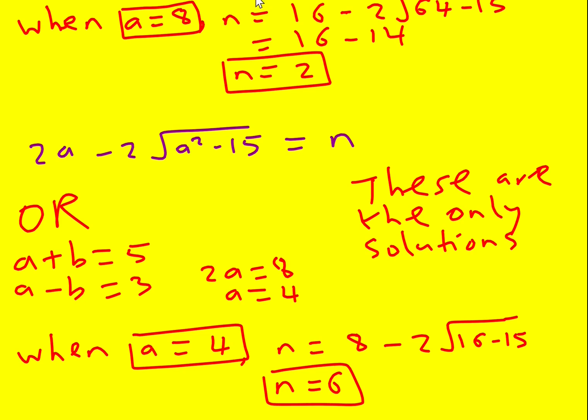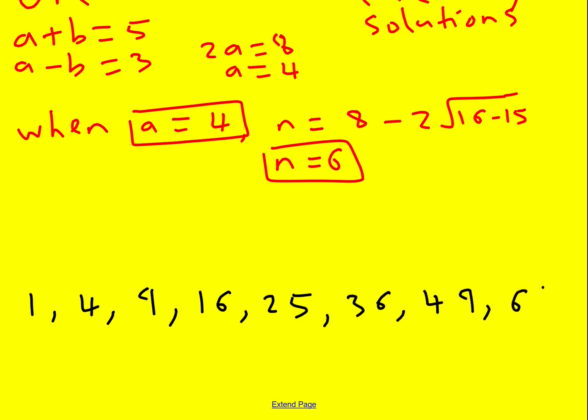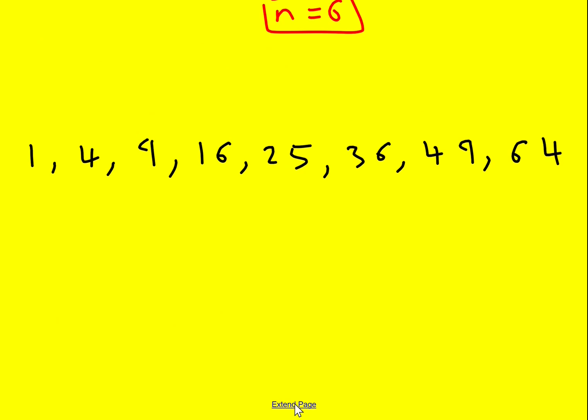Now, I just want to show you what I personally did when I solved this question. I basically wrote down my square numbers. And I also wrote down the differences between them, because basically I'm trying to find the difference of 15.